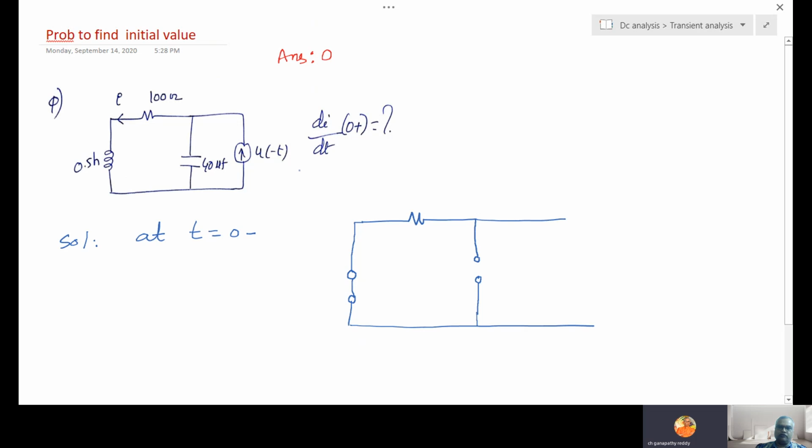And u of minus t means it is present. At 0 minus, current source is there. This value is 1 ampere. u of minus t is like this. So this is u of minus.